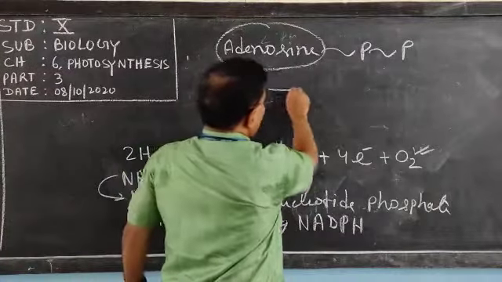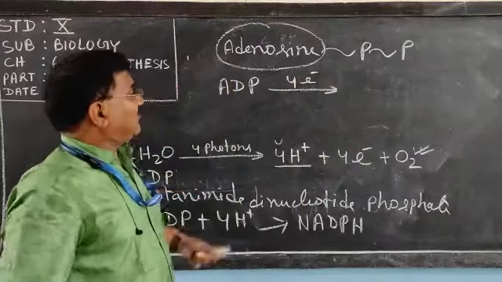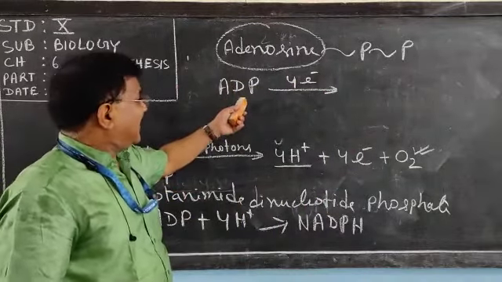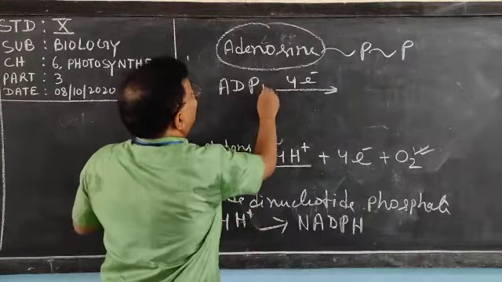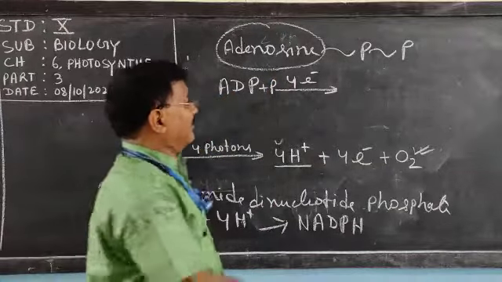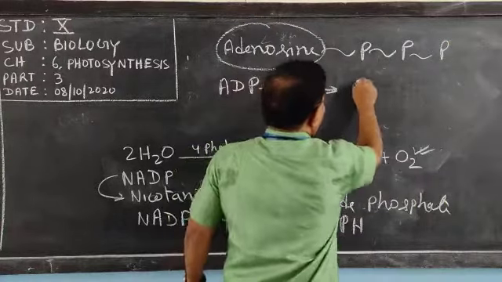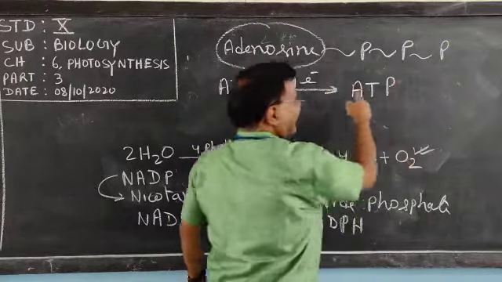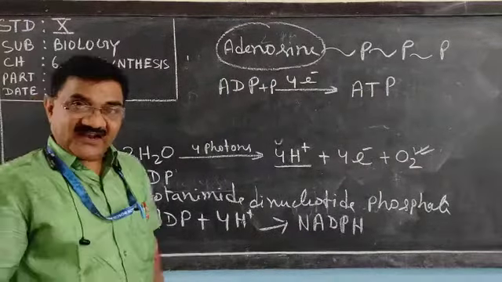This negatively charged 4 electron is used, and ADP is added with 1 P. What will happen? Now 3 P will become. If 3 P become, it means ADP will change to ATP, adenosine triphosphate, which is called the currency of energy.